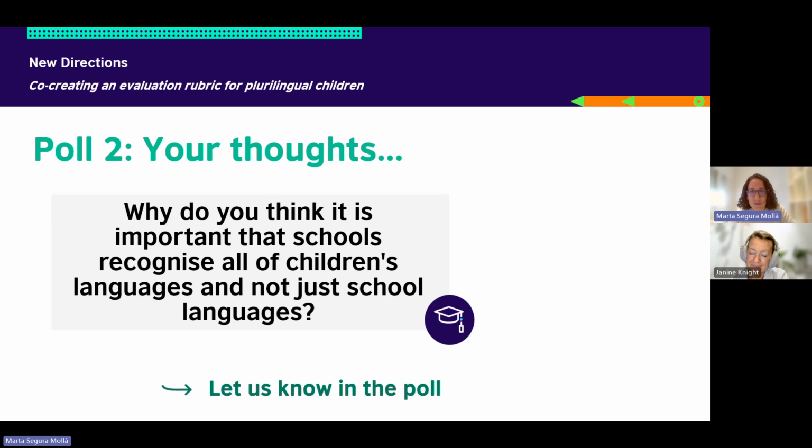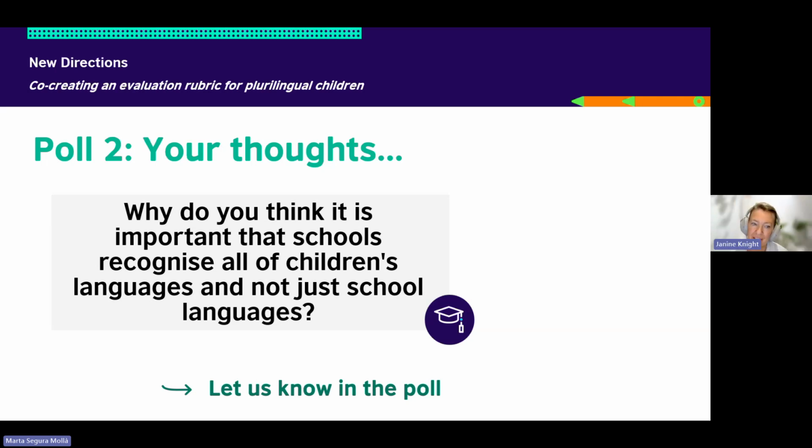What else? Cultural richness as well. Emotional background, linguistic repertoire. Identity, also respect the kids. Sense of belonging. Be confident in their own languages. Language knowledge, languages at home. So lots of ideas that we'll come back to. Okay, so thanks so much for all your thoughts.